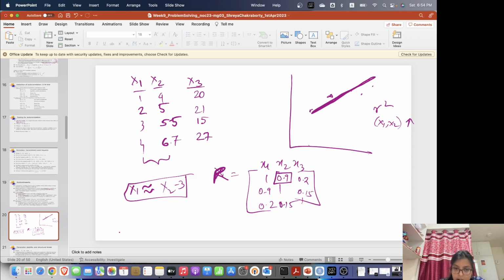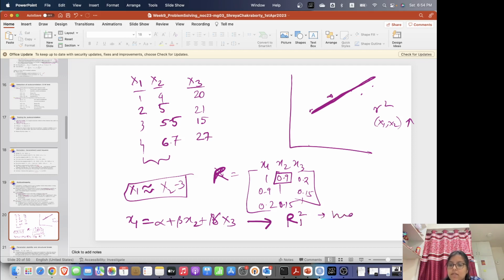The next thing is, we would regress x1 equal to some alpha plus beta x2 plus gamma x3. From this equation we get a coefficient of determination, r1 square.